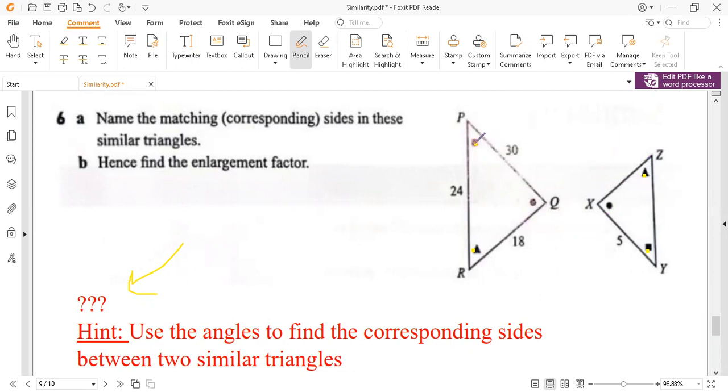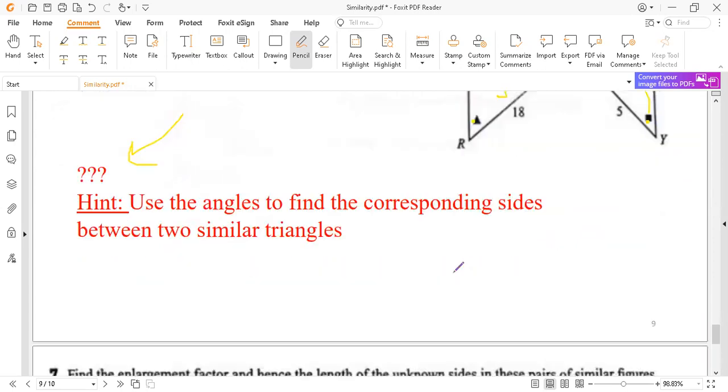For example, the opposite side to this triangle and the opposite side of this triangle are corresponding. So RQ and XZ are the matching sides here. And the opposite of the circle and the opposite of the circle, so PR and ZY, and so on.